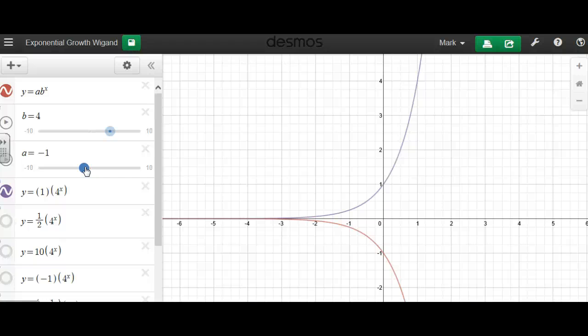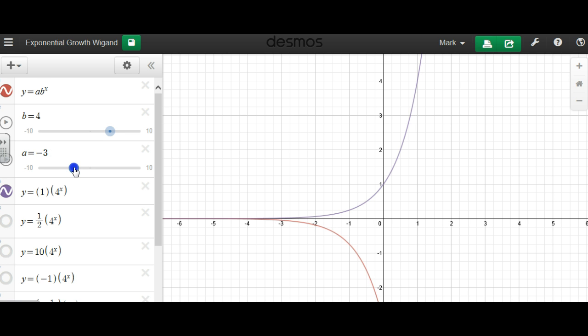That happens when your a value becomes negative. Now, that's when a is -1. It's exactly the same, just reflected. But look, as I get smaller, -2, -3, there we are with that vertical stretch again.